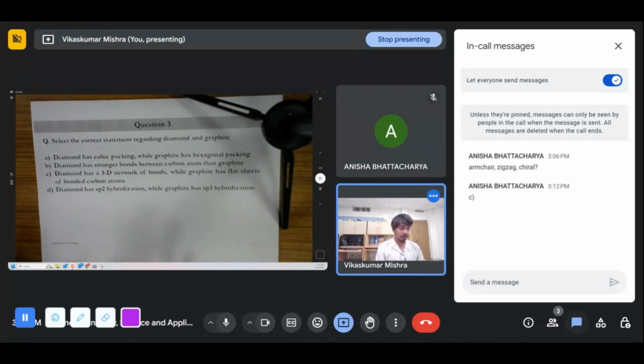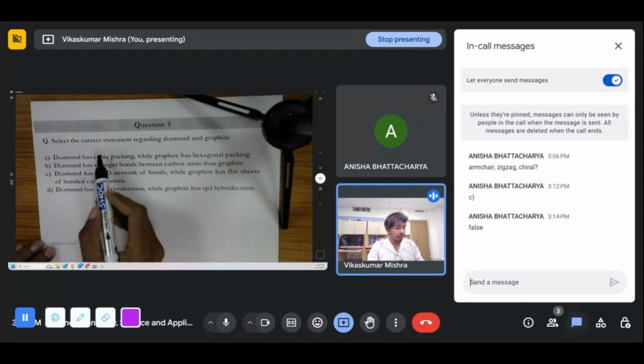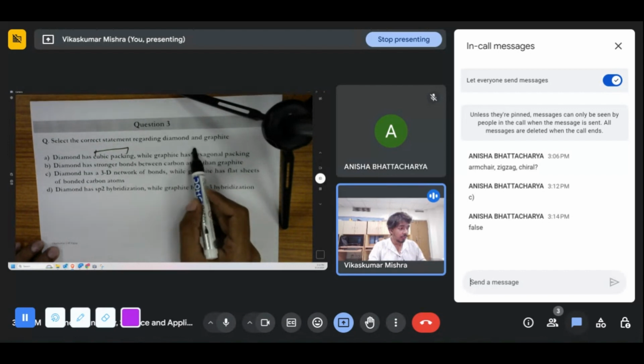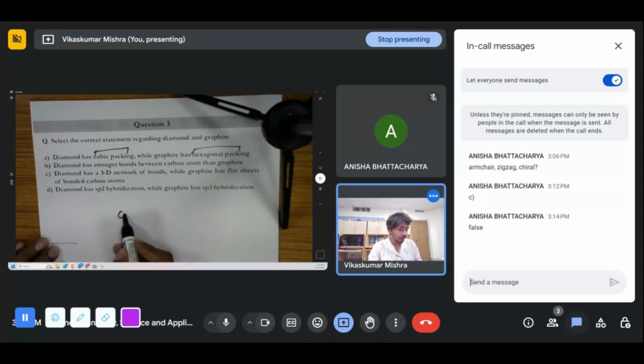What do you think? Is the first option correct or incorrect? See, diamond is having the cubic packing. That we know, but the graphite is having the hexagonal packing. So within the layer, we can see that it has the hexagonal packing, right?